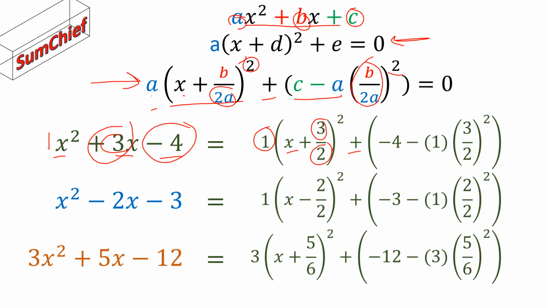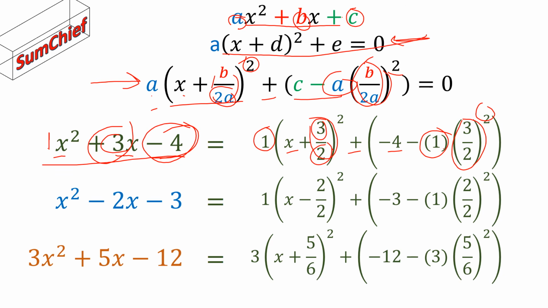So plus c in this case is minus 4, and then b over 2a, which is the same as this one, which is 3 over 2. And they're going to multiply that by a. Well, a is just 1. So we've got the minus 1 here. And then the 3 over 2 squared. So I'm going to let you check this solution here. And what you'll find is you'll get to the same answer as when we did this one in this form 3 slides ago.